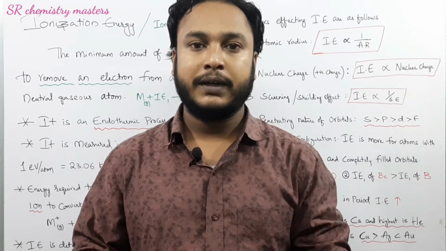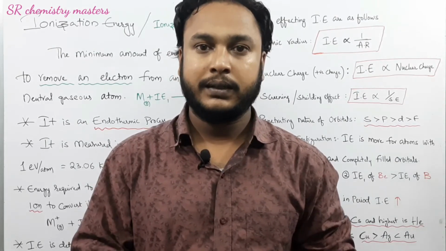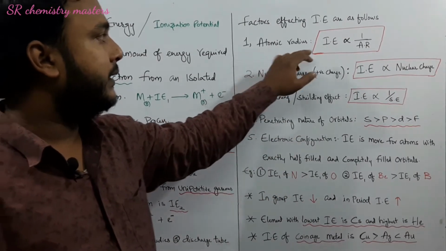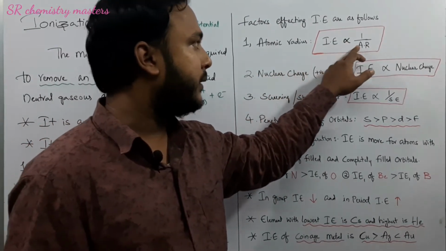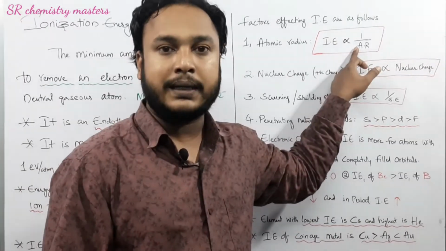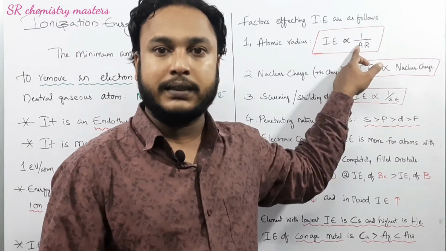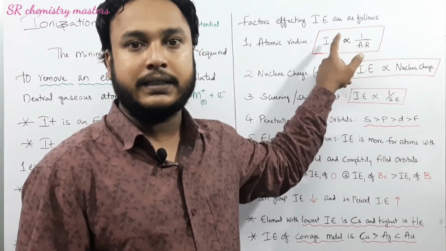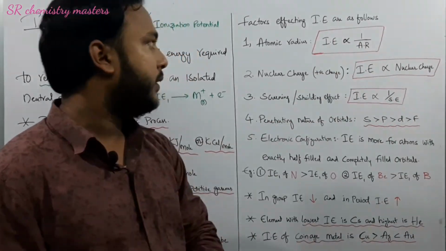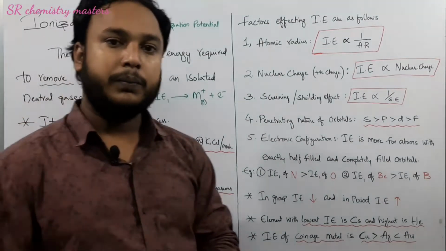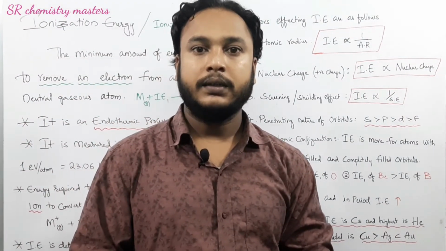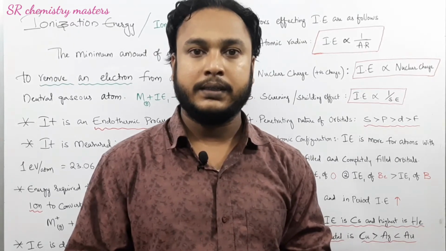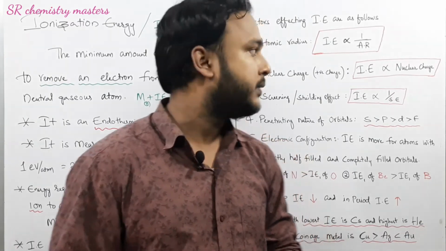So as the atomic radius increases, ionization energy decreases, and if the atomic radius decreases, ionization energy increases. Remember, in a group ionization energy decreases, whereas in a period ionization energy increases because of the atomic radius.